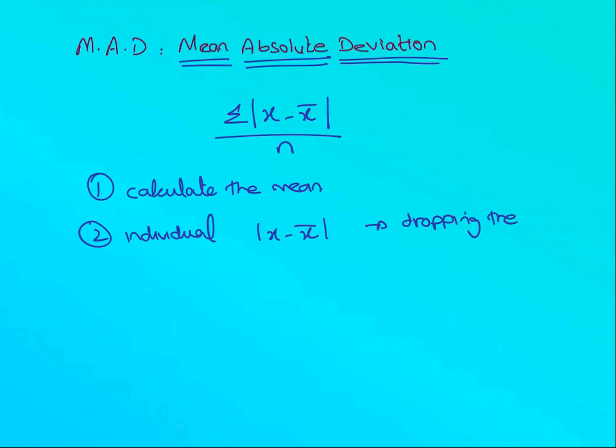If it's negative, if the difference is negative, we still take the positive value, the absolute value. Then you add all these. And finally we divide by n. That is how we obtain the mean absolute deviation of any set. Now this is something you can be asked to compute. So you need to know this formula.